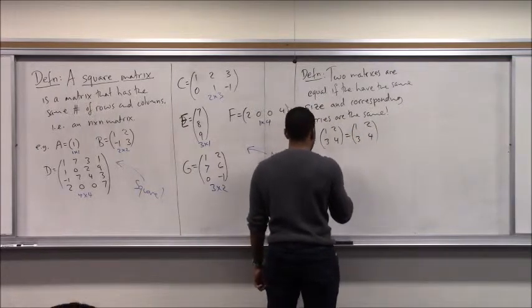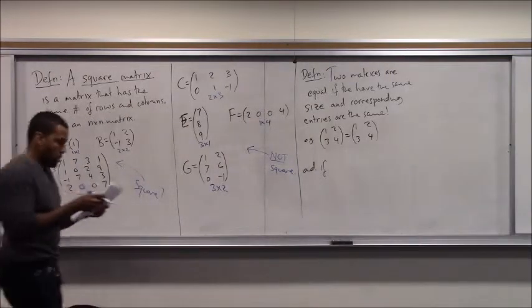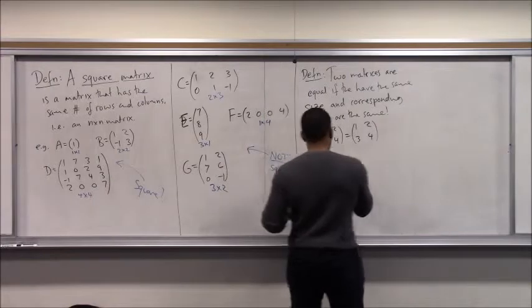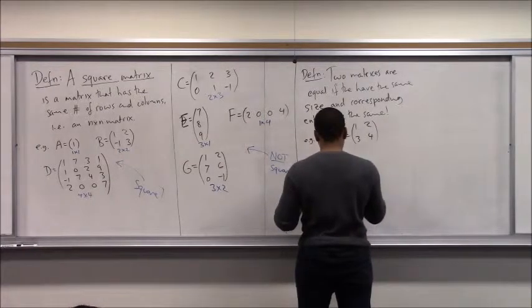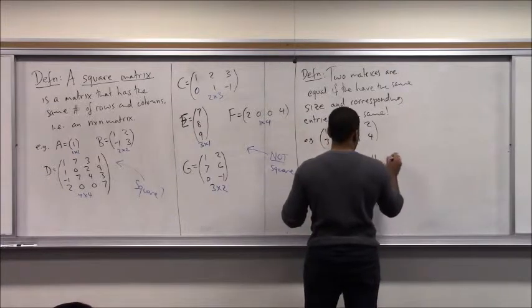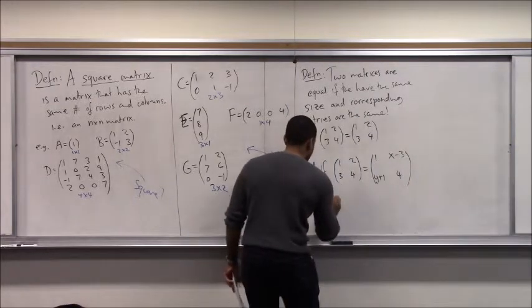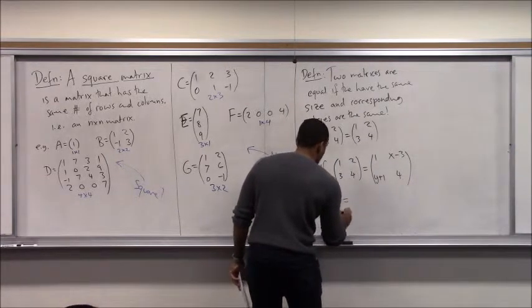If somehow you don't know all the entries, like if I told you 1, 2, 3, 4 is equal to the matrix 1, x minus 3, y plus 1, 4, you would be able to say that x must be equal to 5 and y must be equal to what?